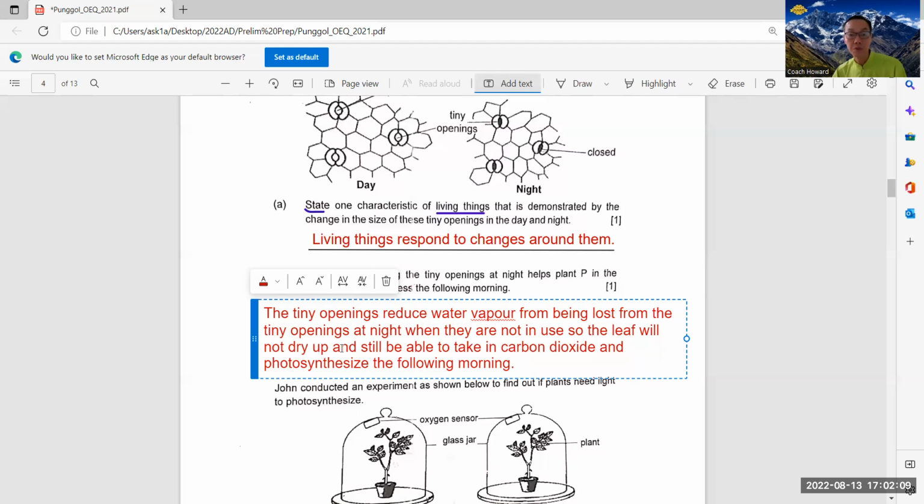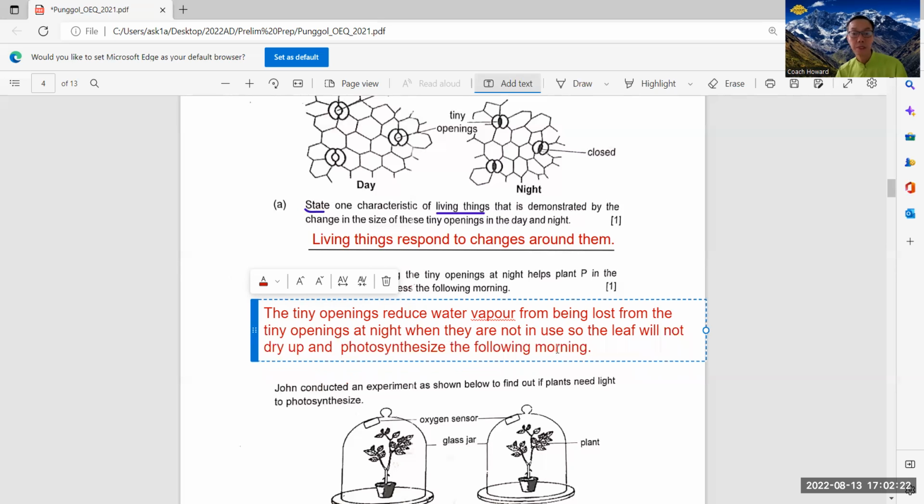So the leaf will not dry out and is able to use the water to photosynthesize the following morning.